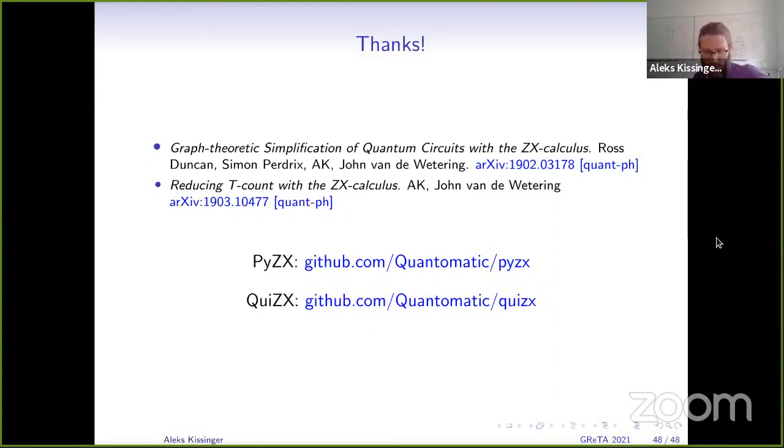There are also techniques where you can do ZX type rewriting, where you're actually preserving all the time that you have a circuit. And the drawback of that is you limit yourself in the sorts of rules you can apply. So there's only a handful of rules that have this kind of property.